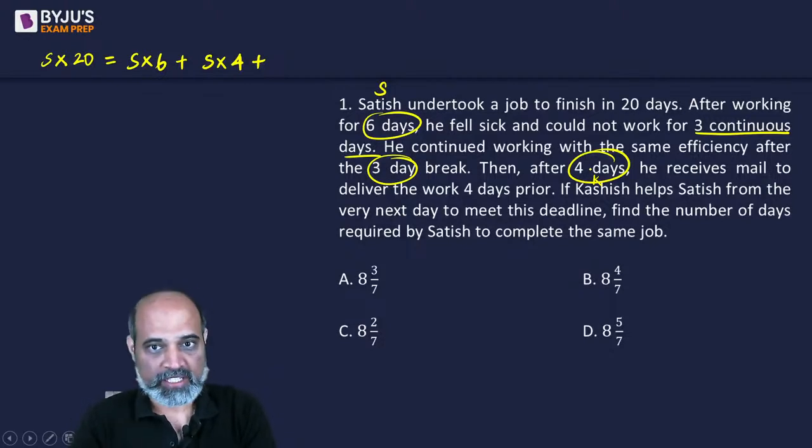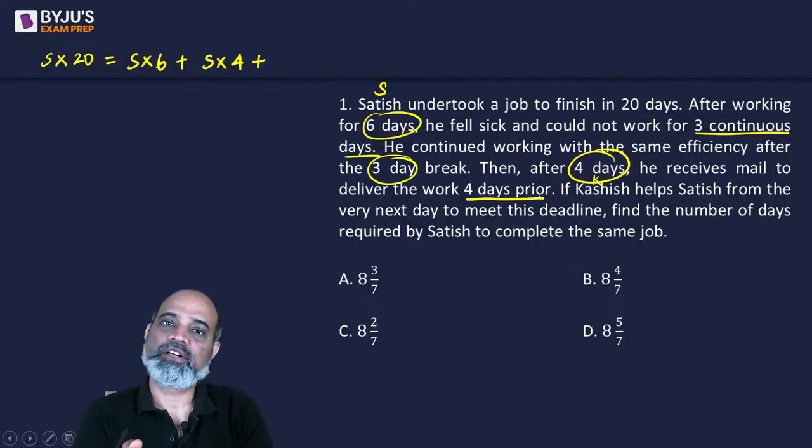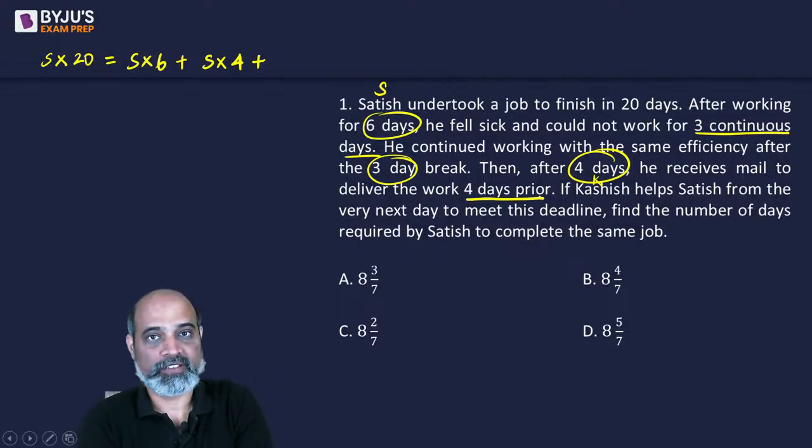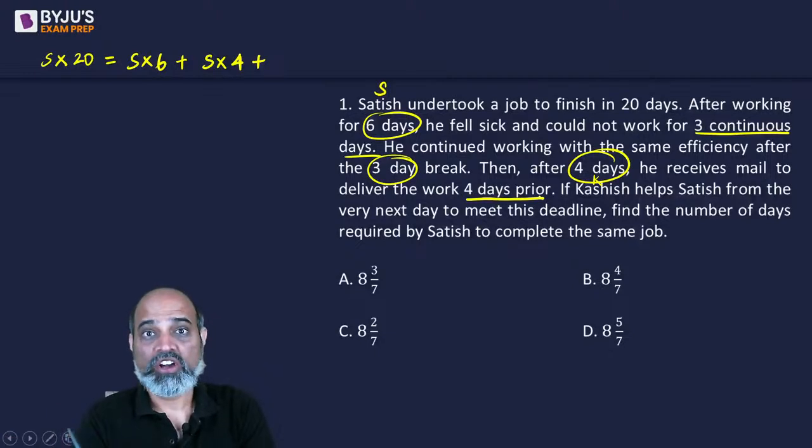There are 7 more days left. Now, since he is told that the work needs to get handed over 4 days earlier than the given 20 days, the work should get done in overall 16 days. Out of 16 days, 13 days have already elapsed. So 3 more days are left in which Satish has to deliver the work.